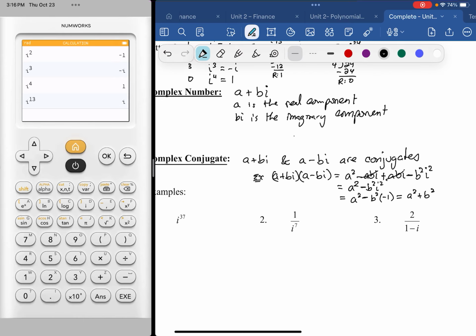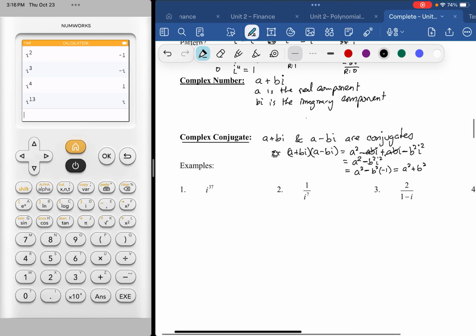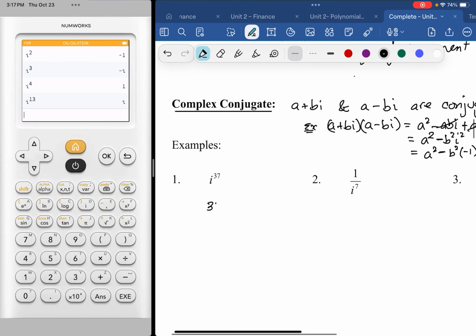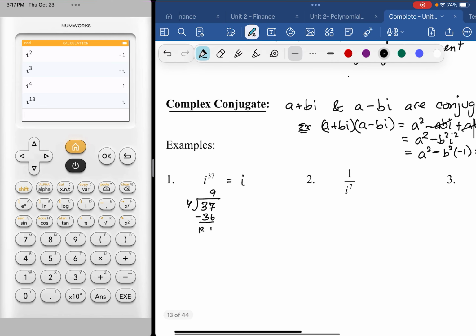All right, so for something like number 1 at the bottom there, it really is just a matter of taking that 37 divided by 4, goes in, 9 times 4 is 36, remainder 1, so this is equivalent to i to the first power. All right, same idea here, except it's in the bottom of the fraction.